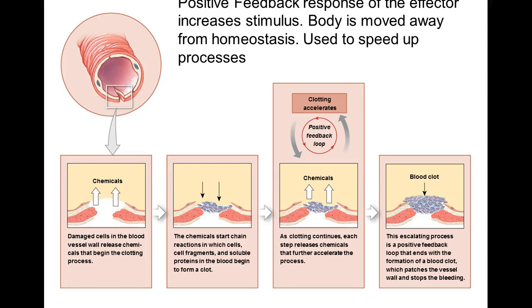And with positive feedback, you have a stimulus come to the brain from the receptor, and the brain says, oh, I know what this is, and what we need to do is amplify it. And so what will happen is the brain will send a message via the effector again that actually amplifies the process.